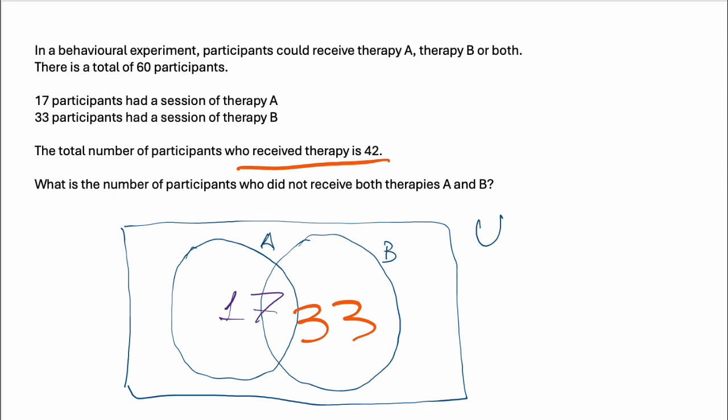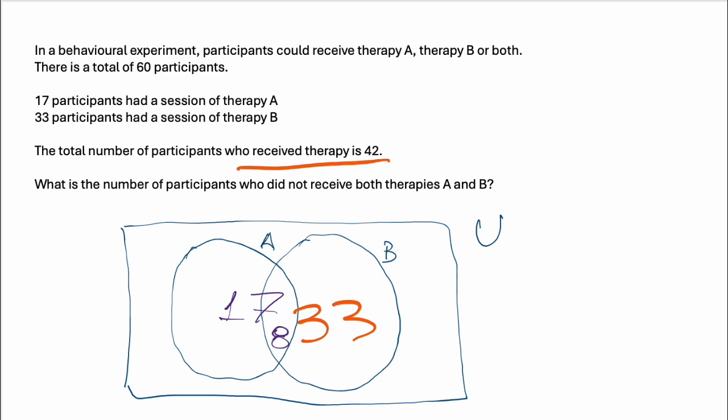Well, 8. Only 8 are in the intersection. Okay? Because, well, if I were to overcount them, I would have 50. But only 42 received therapy. So I'm overcounting 8 people. Okay? So at the end of the day, after I defined this intersection, I can correct my numbers.